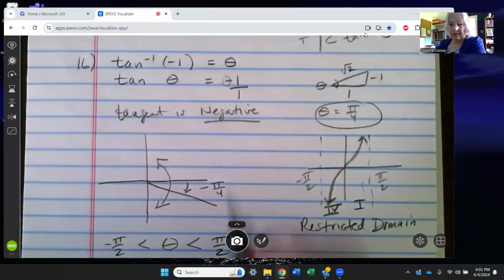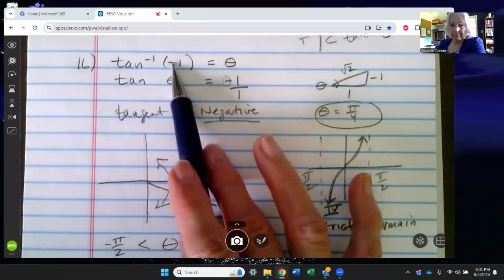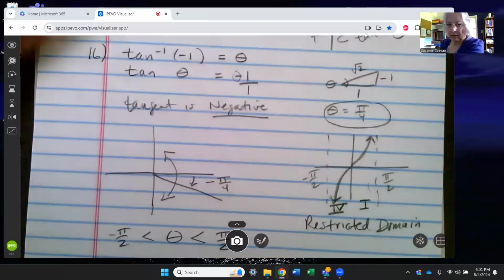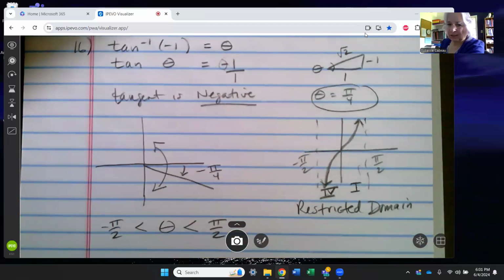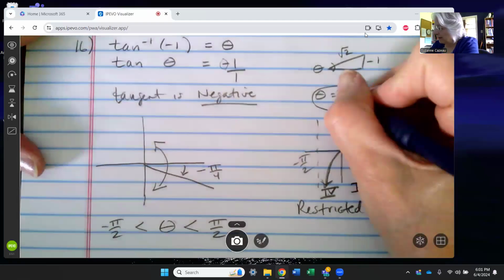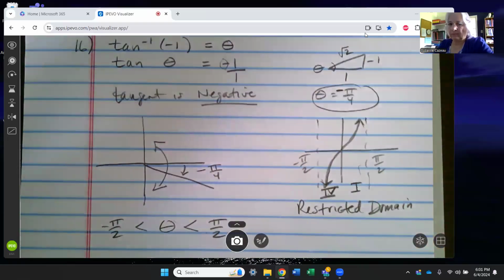In order for that to exist, we have to have the restricted domain. So theta has to be between negative pi over 2 and pi over 2. And the only way we can get that with pi over 4 is negative pi over 4 this way. So theta is negative pi over 4. That's how we get that negative in there.